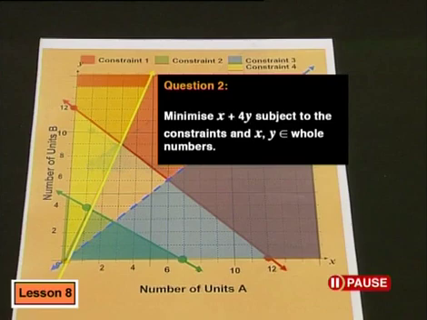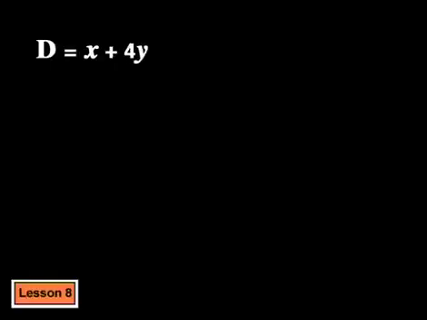What this means is that we need to find the smallest possible value of x plus 4y in the feasible region. As in the previous example, let's write an equation for this. Let's call it d equals x plus 4y. If we want y on its own, we'll get negative x plus d equals 4y.